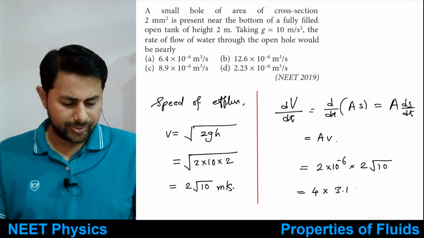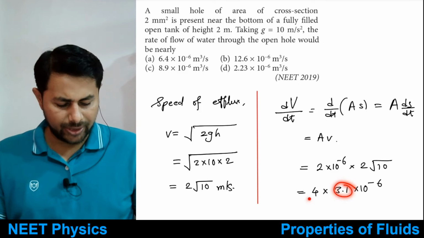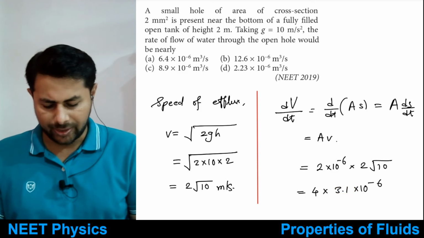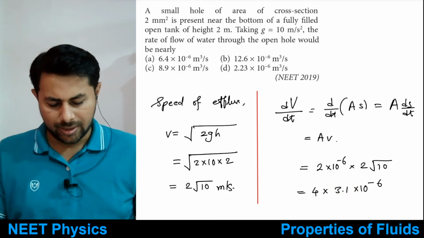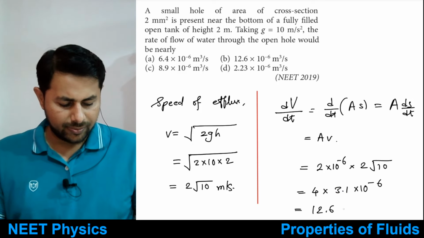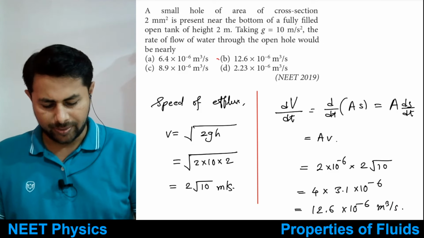Then you have this thing multiplied by 10 raised to minus 6. So 3.1 times 4 is 12.4. 12.4 into 10 raised to minus 6, that is the answer, meter cube per second. It is option B.